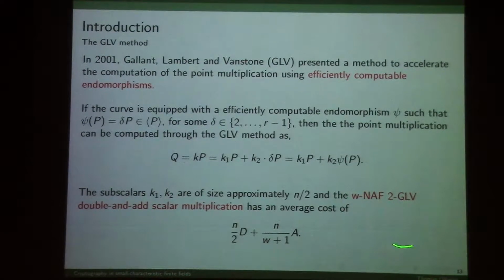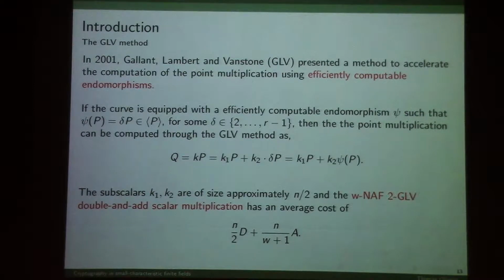And we can apply this GLV method with the double-and-add multiplication, and recode the scalar into width-w NAF, where we transform from bits to digits and have a smaller density of the scalar. So we halve the point doublings, and we have n divided by w plus 1 additions.